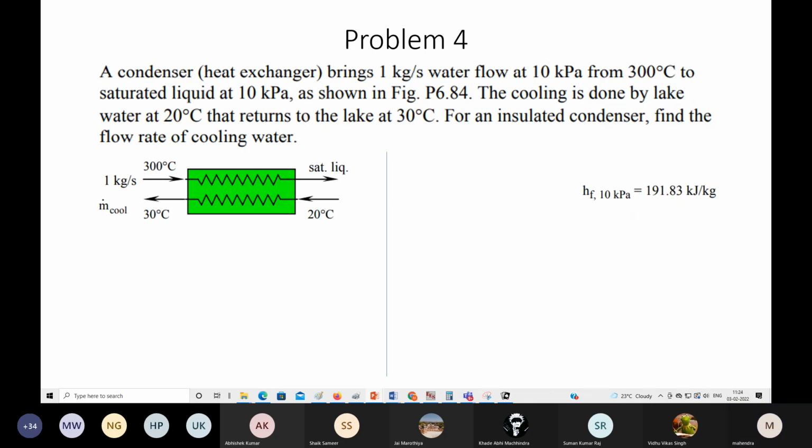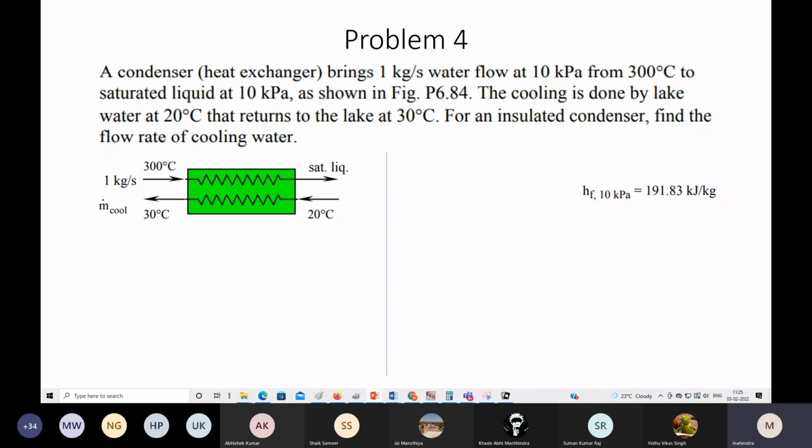So this problem is about, at the beginning in the first class itself, we discussed the thermal power plant and how it operates. What cycle are we using there? The Rankine cycle, I hope you remember. In the Rankine cycle, constant pressure heat addition happens in the boiler.